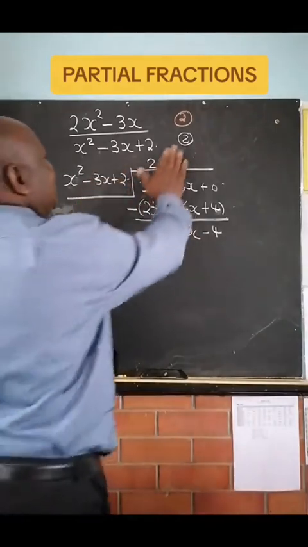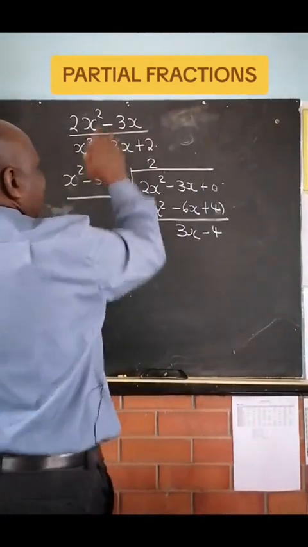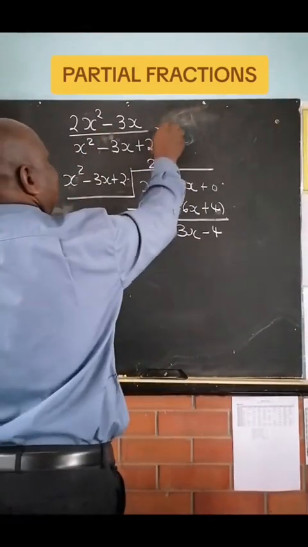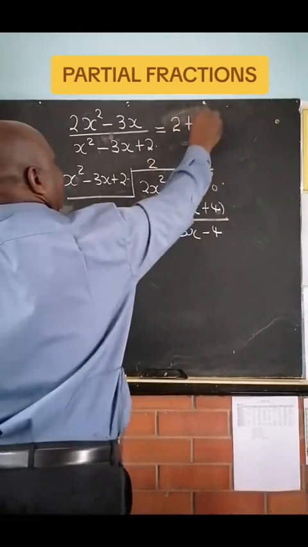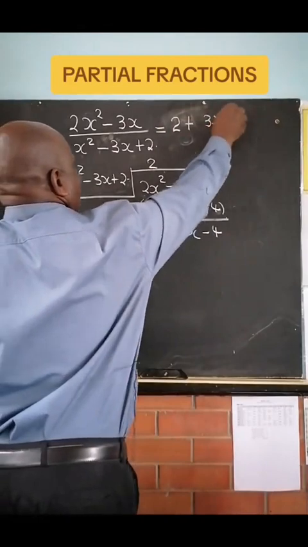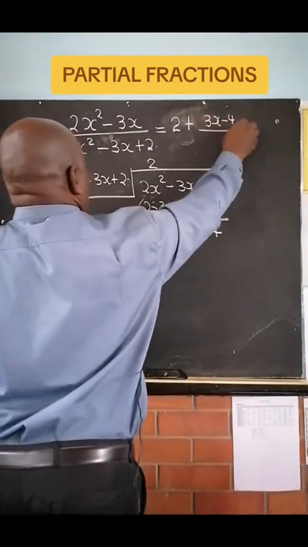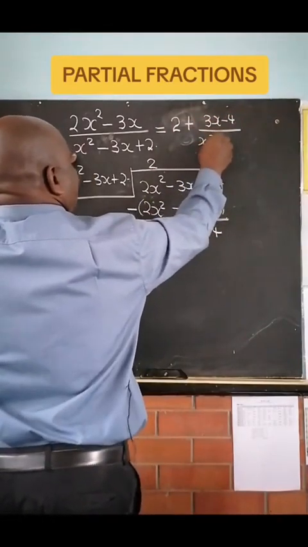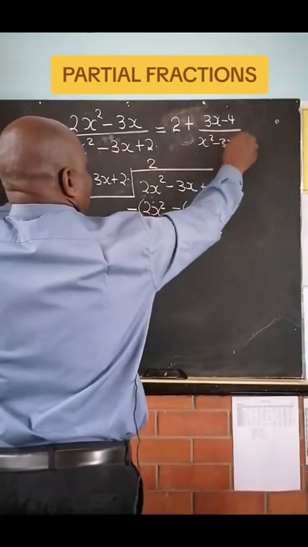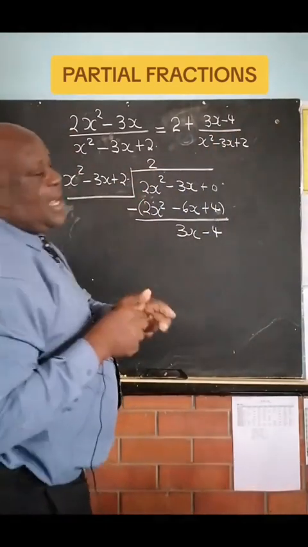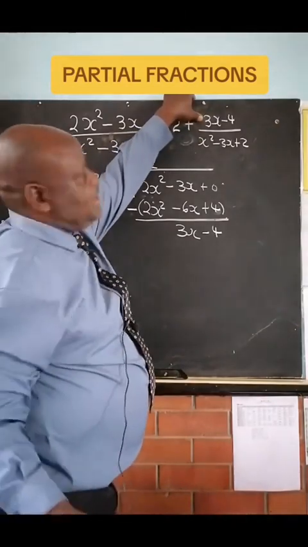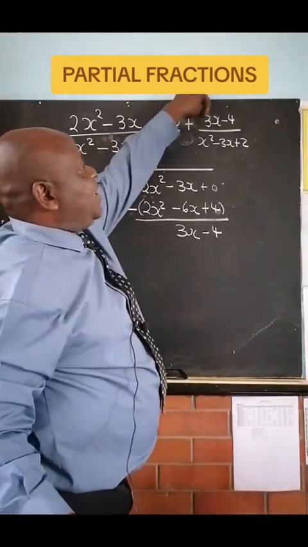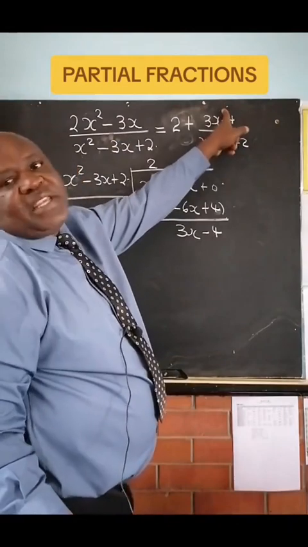That means this fraction here can now be written as 2, this whole number, plus 3x minus 4 all over x squared minus 3x plus 2. So at least now, this part is a proper fraction in the sense that the degree of the numerator is 1 because that exponent there is 1.